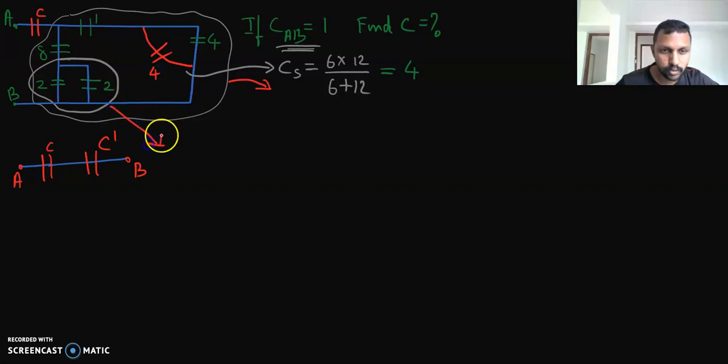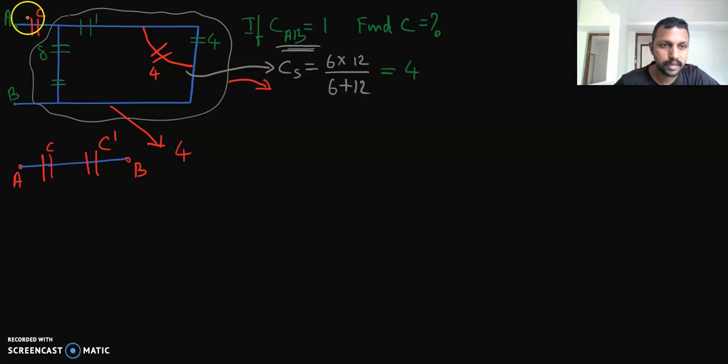Then let's solve this. These two are not in series, they are in parallel, and they are identical capacitors. Parallel means C1 plus C2, that is 2C, which is equal to 4. Then let me delete this circuit over here, and instead of this I'm writing 4.